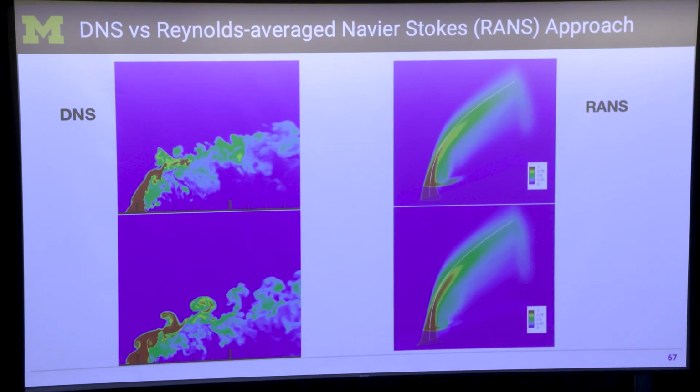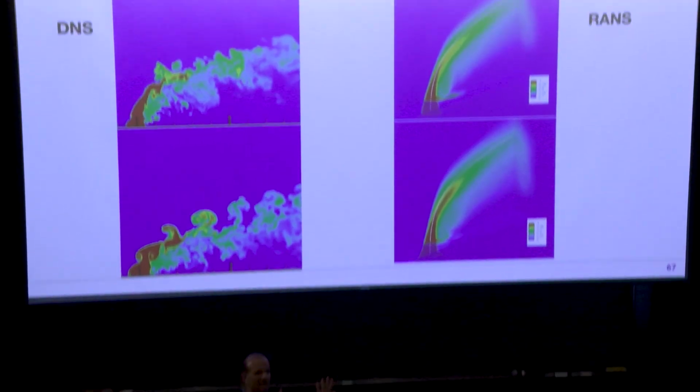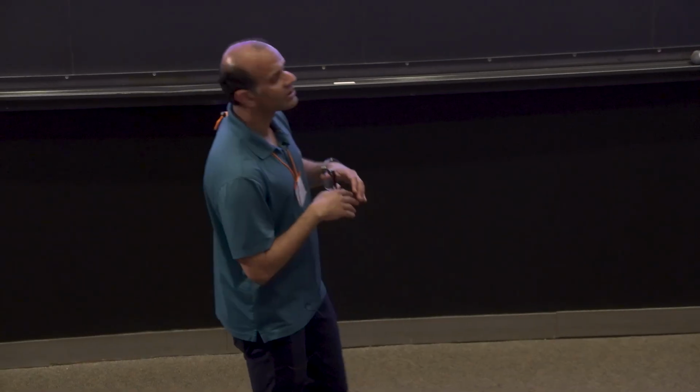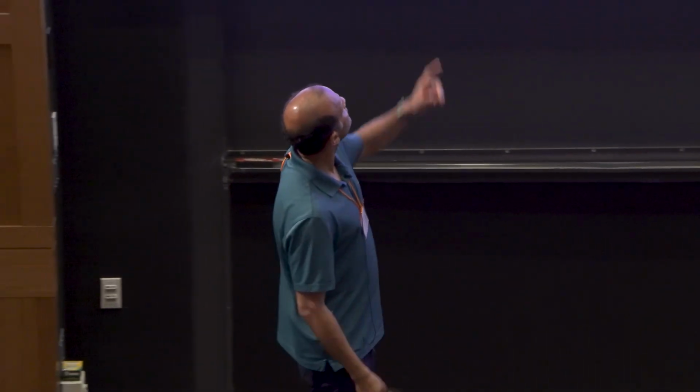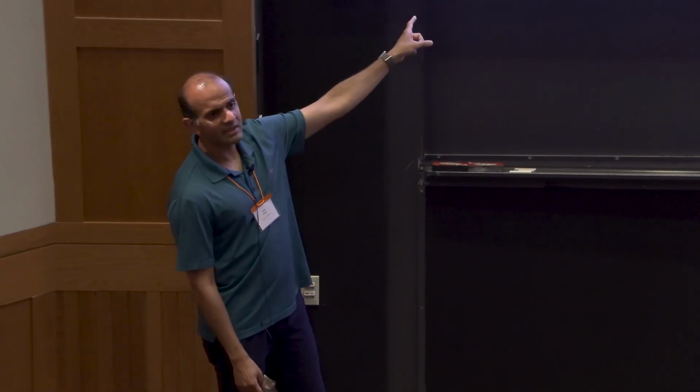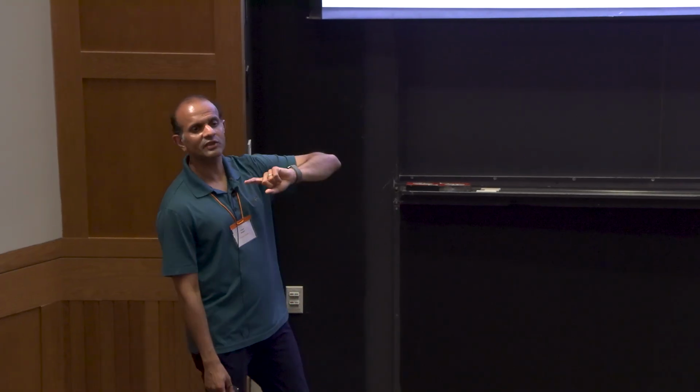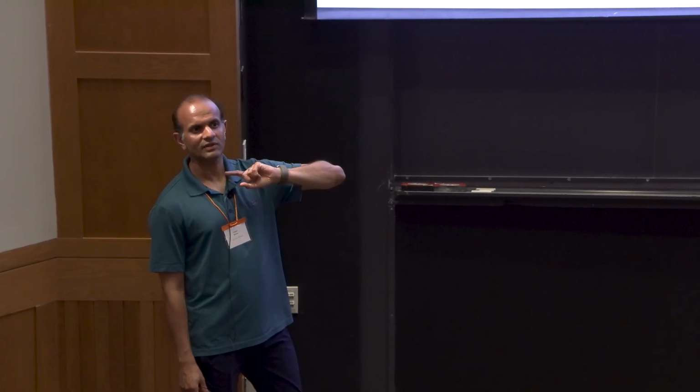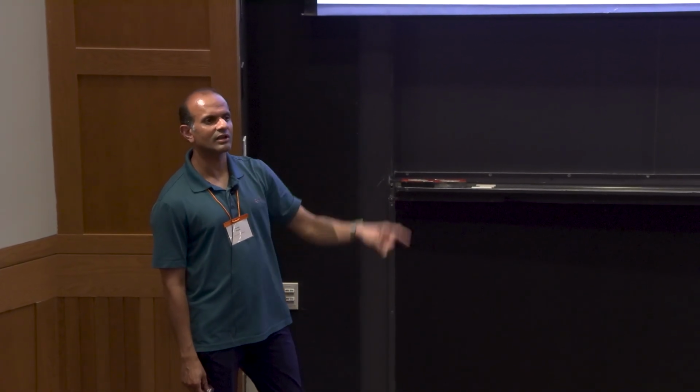Before LES existed, RANS existed. It exists now also. It's not like it went away. But RANS was the first method to be introduced. When you do RANS, you do what's called Reynolds averaging. You'll time average, let's say, for this problem. More formally, you will do ensemble averaging. It's no different than taking this DNS, having a long exposure photograph, and trying to model that long exposure photograph.